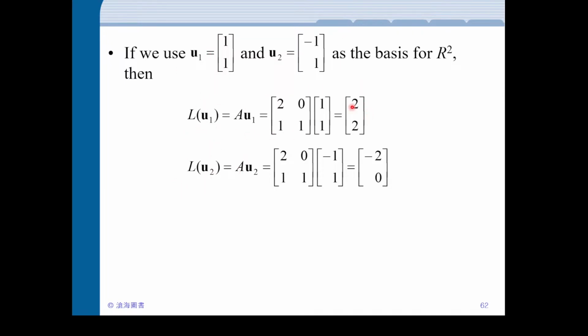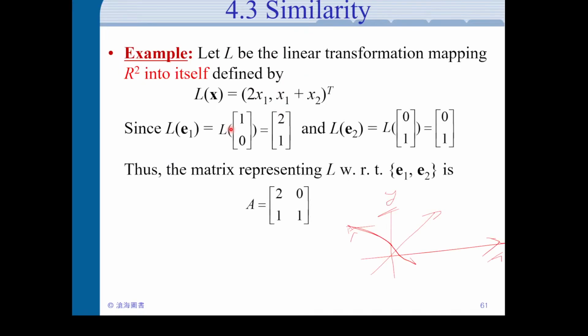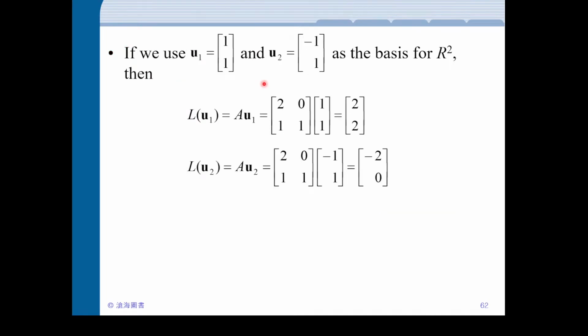L of U1 equals (2, 2), and L of U2 equals (-2, 0). We can either build up from this A here, or we can directly look at this. Either way, it's very similar. We can calculate L of U1, L of U2.